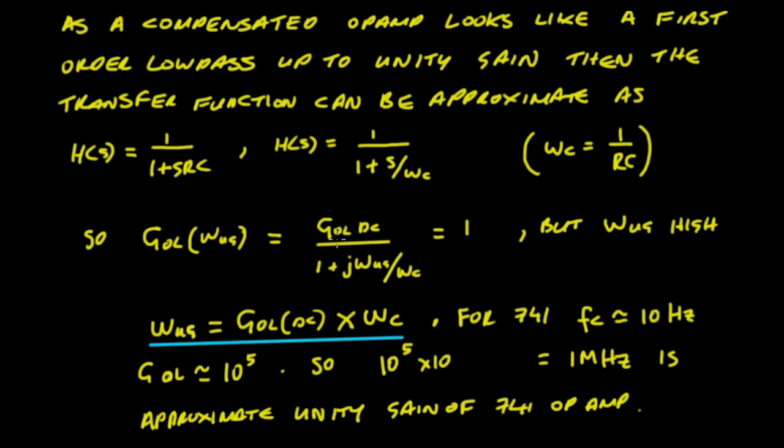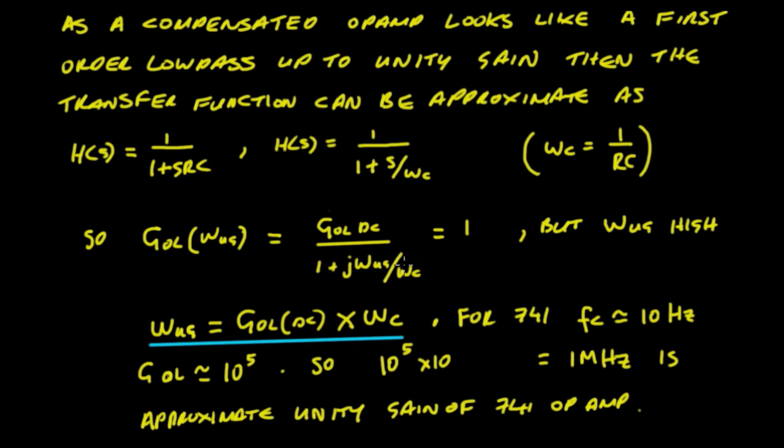So we can say then that the open loop DC gain of the op-amp divided by 1 plus j omega unity gain upon omega c is going to equal the value of 1, because it's the unity gain. But we know that the omega is going to be very high for that unity gain, so it means that this term here is going to dominate, so we can really forget about that value of 1.